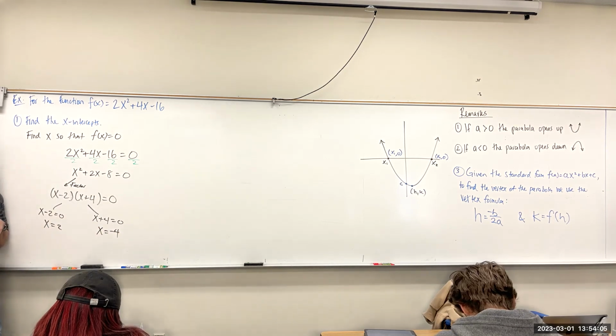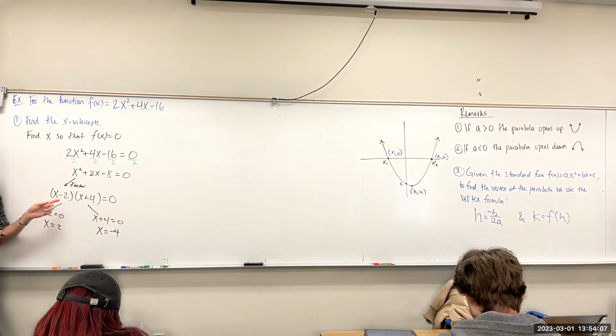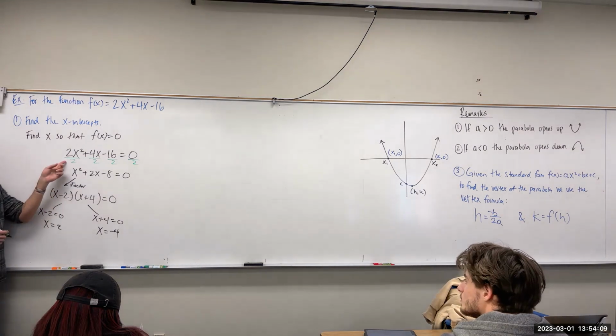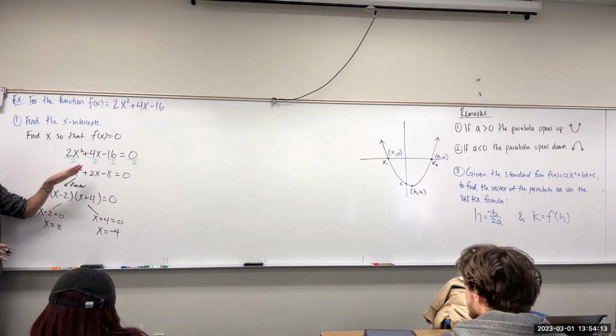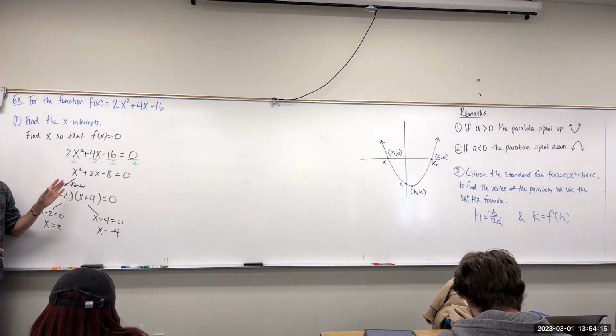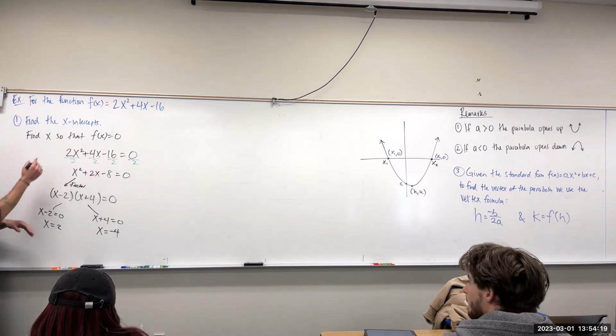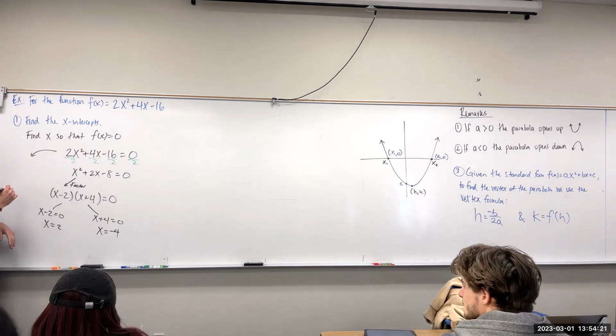Okay, yeah, question. You factor the 2 out on the top, right? We factored it out, right? You can factor it or you can divide by it when you're solving. If I would have factored it, it would have looked like this.